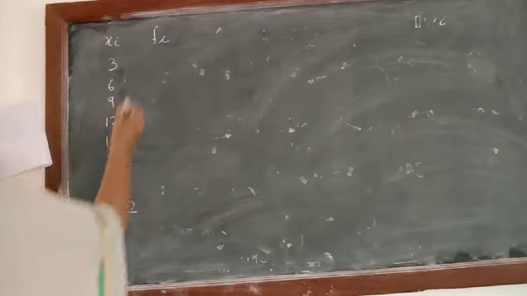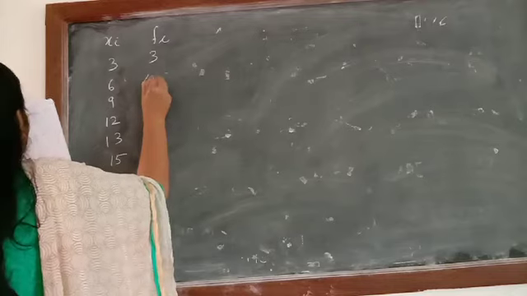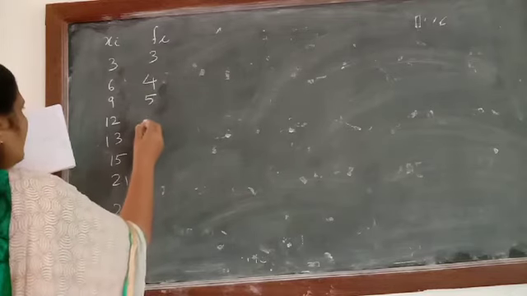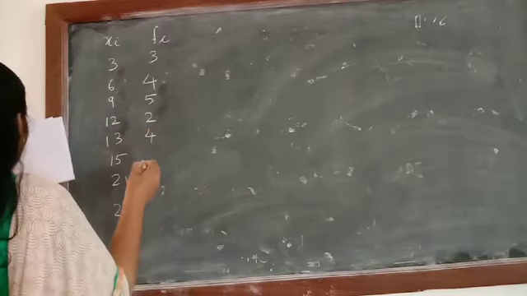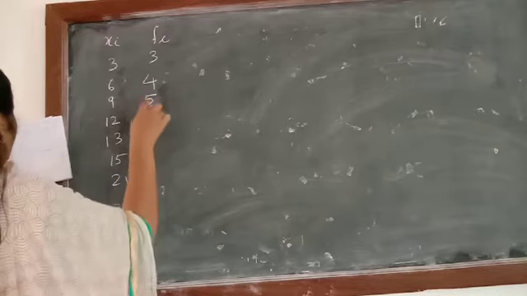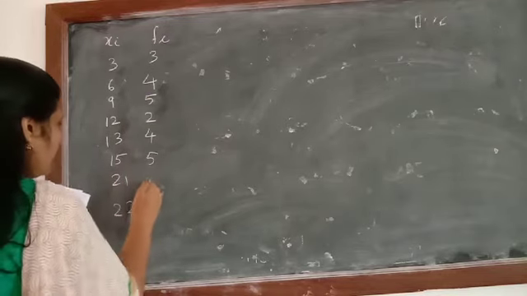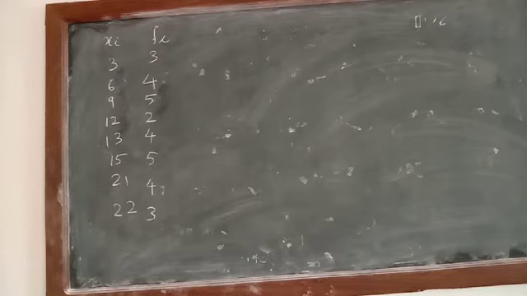And the frequencies are given here: 3, 4, 5, 2, 4, 5, 4, 3. So just write down the frequencies. Written. Okay. Now what do we have to do?